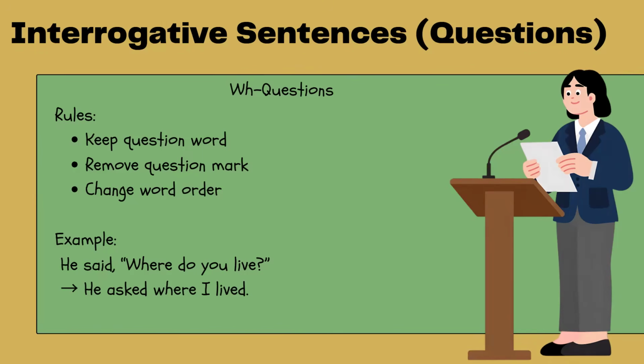Where, why, how, when remain the same, but remove the question structure alone. For example, he said, "Where do you live?" becomes he asked where I lived. Very simple. No question mark and no "do" form. Nothing is required, because the question is converted into a sentence without using "if" or "whether." But if you don't have WH question words, you have to use "if" or "whether." I know it might be a little tricky, but with practice, you will learn it very nicely.